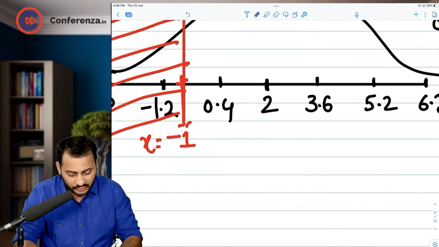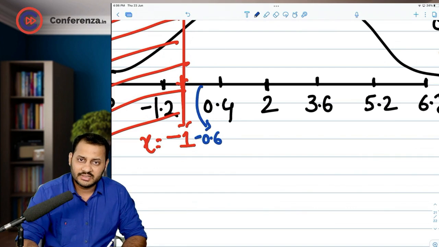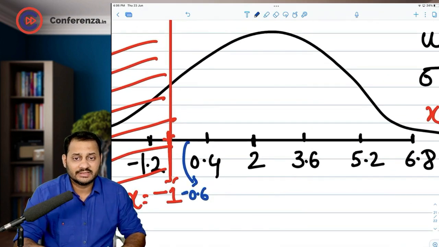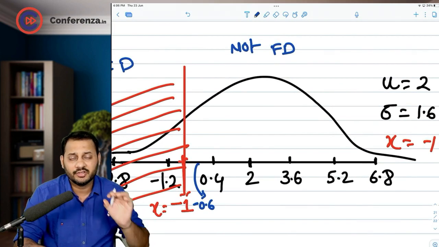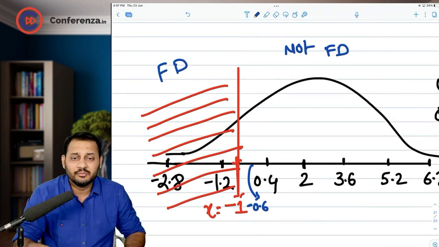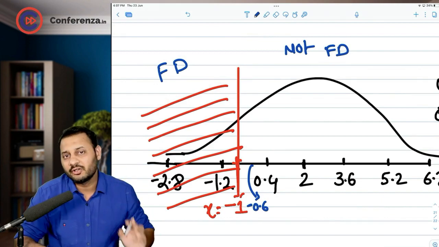Even though the loss, let's say for example, the loss is 0.6 crore negative. Let's say the loss is 60 lakhs. Although the loss is 60 lakhs, there will be no financial difficulty according to the statement given in the question. The financial difficulties will start for the company if the loss grows more than 1 crore. So that is the left side of this point.